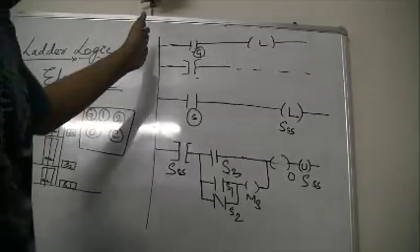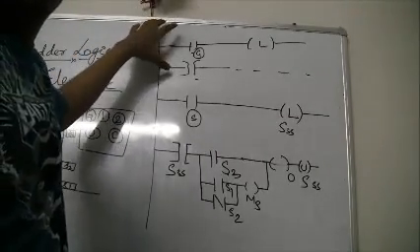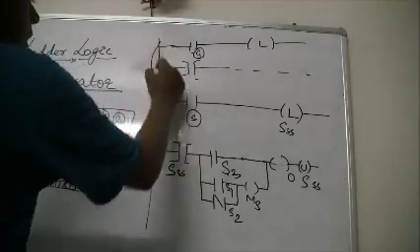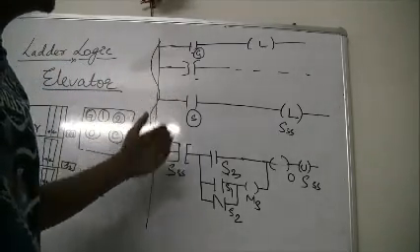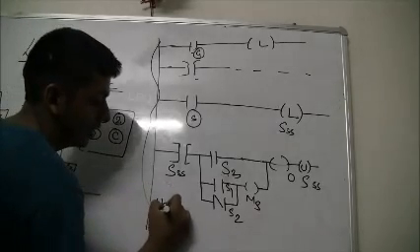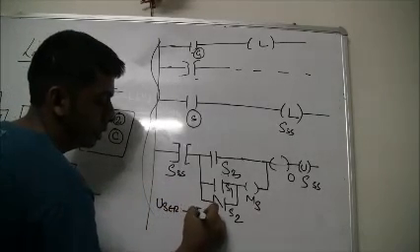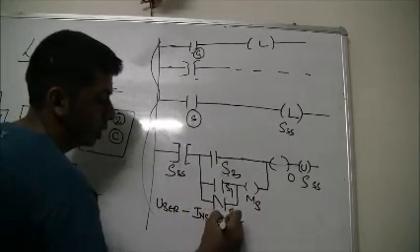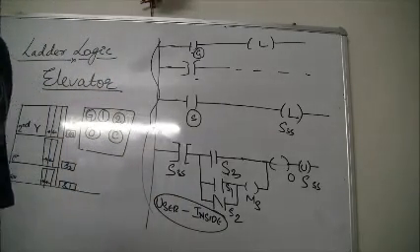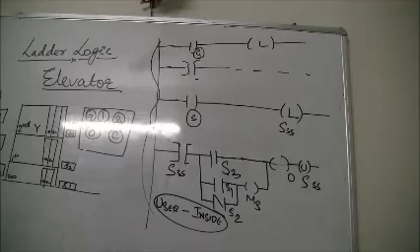First we made the open close system, and then we made these three, which are ground, first and second, for the user who is inside the elevator. Now we need to program for the user who is outside the elevator.